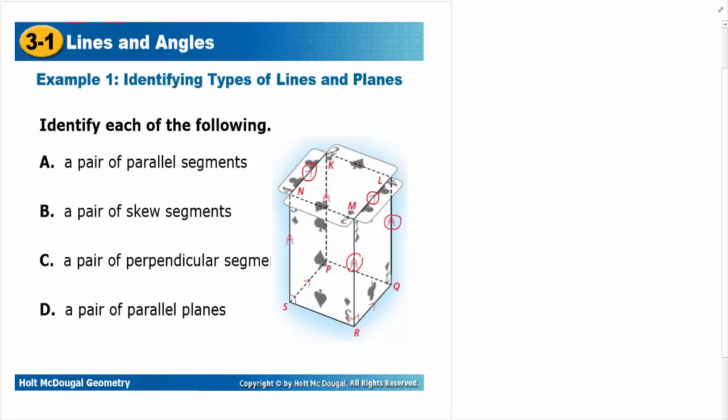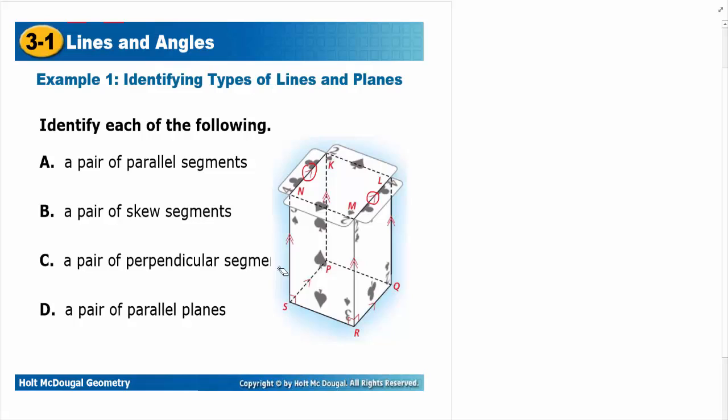Because these arrows are going in the same direction, and there are two arrows, I know that any line that has two arrows on it is going to be parallel, as long as it's going in the same direction as well. So again, I got these 4 lines here. I could pick any 2 of them. They just said a pair. Pair means 2. So I'm going to go ahead and pick the one with only 1 arrow on it, the one on top.